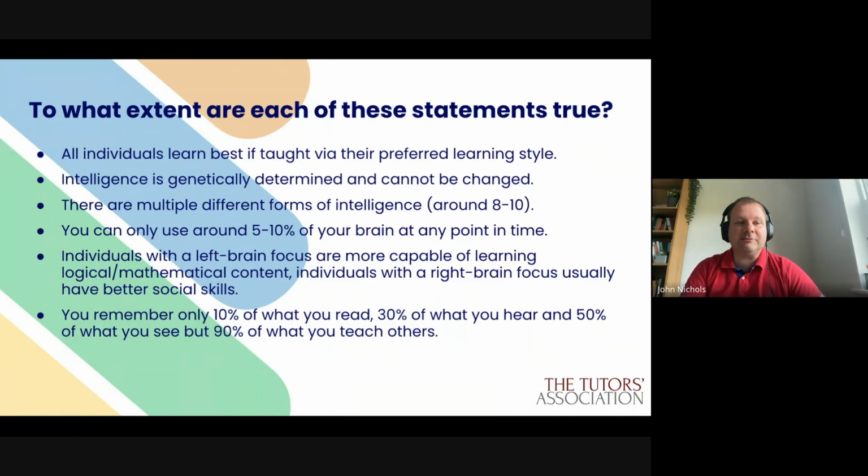Okay. This has been very, very popular for a long time. Has anyone heard of visual, auditory, and kinesthetic? It's been very popular for a long time. About 10 to 12 years ago, a series of papers came out that said it's actually not really got any basis.